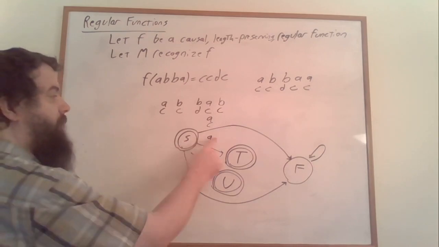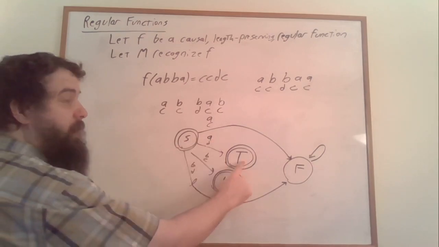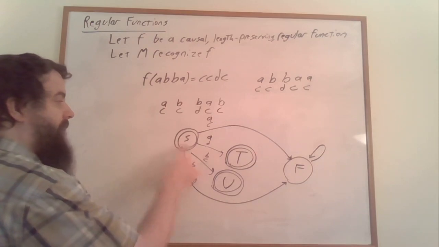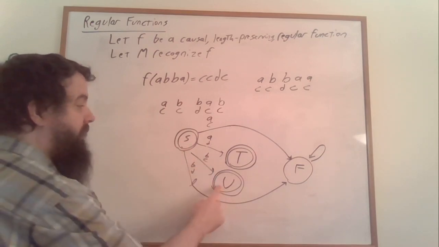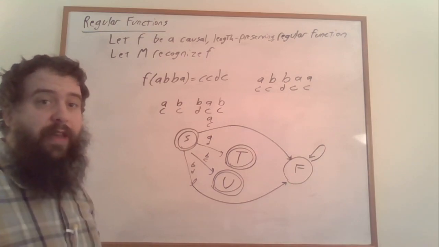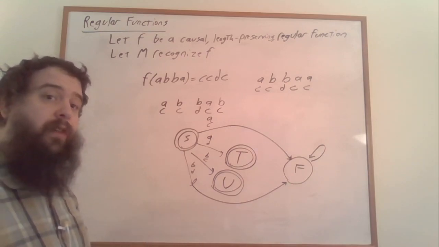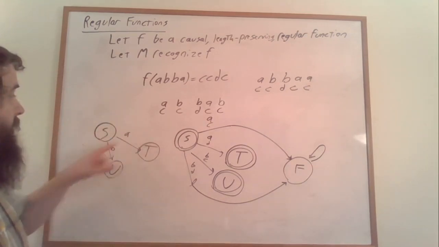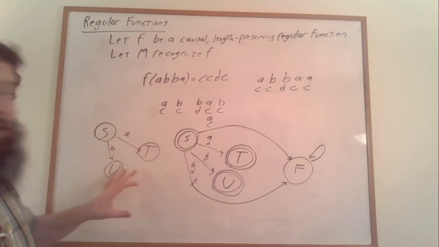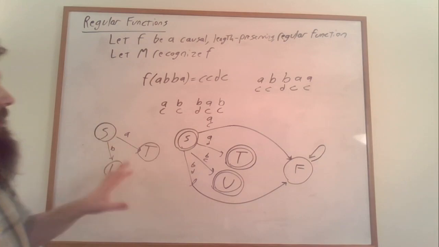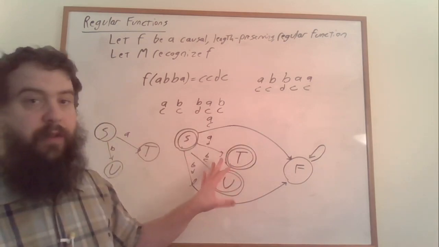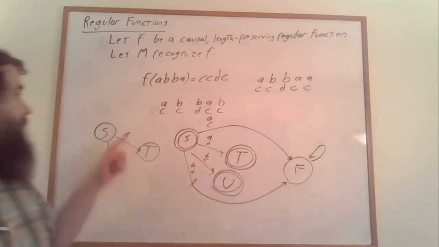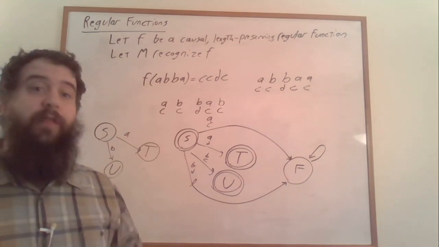If we're in this state and we see an A as an input character, then we go to this state, as long as we're not going to the failure state. If we're in this state and we see a B as an input character, then we go into this state, again, as long as we stay out of the failure state. And so we can construct a corresponding automaton that only reads in input characters, and the run, the sequence of states that we get for this automaton, is the same as the sequence of states we get for this automaton, provided we're staying out of the failure state. Again, as long as we're staying out of the failure state, the input characters determine the run of the automaton.